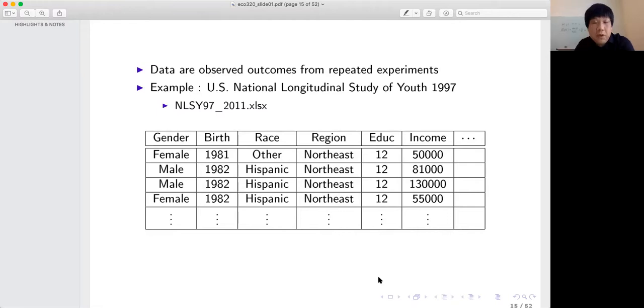Oftentimes, a couple of years ago when I taught this course, I asked students to find their own data set for this project, but they brought some papers, like summary statistics, and said this is a data set.